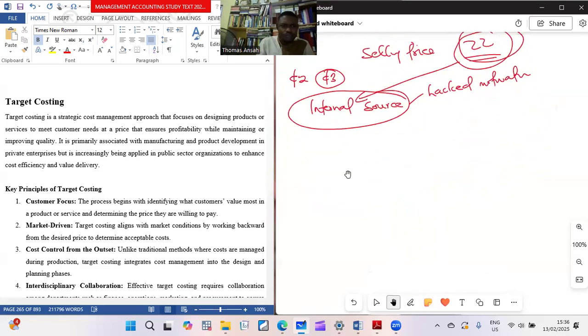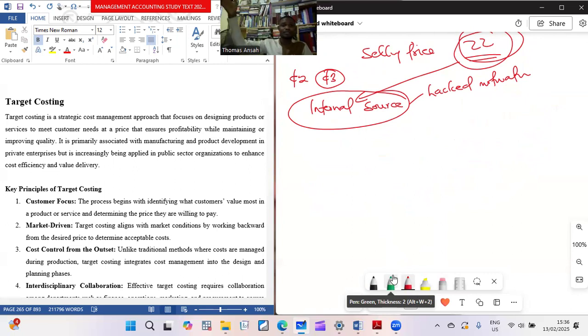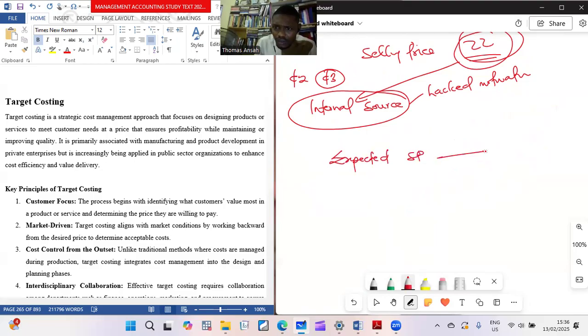But in target costing, we are saying that you should focus on the customer. Now, how much does the customer buy that same product elsewhere? If we can get the expected selling price, I mean, what the customer really expects to buy the thing at, then we are going to do reverse engineering and take away our profit margin, because we will determine our profit margin from it.